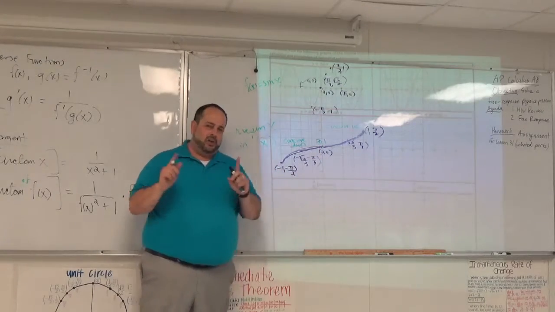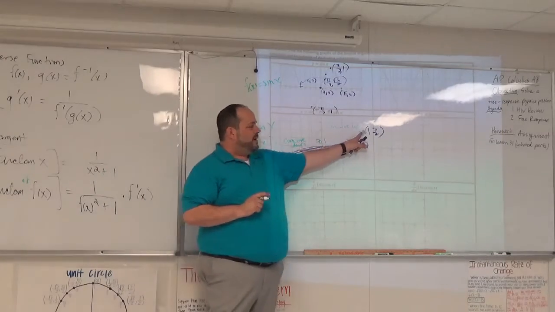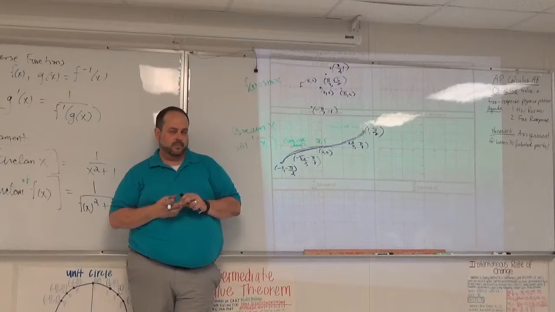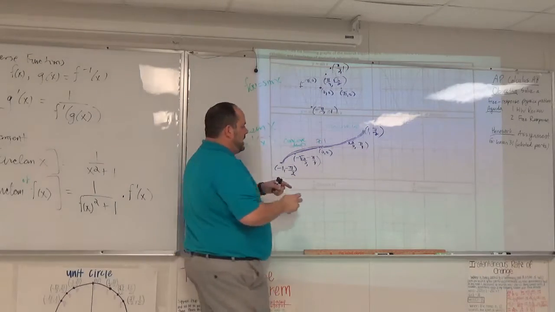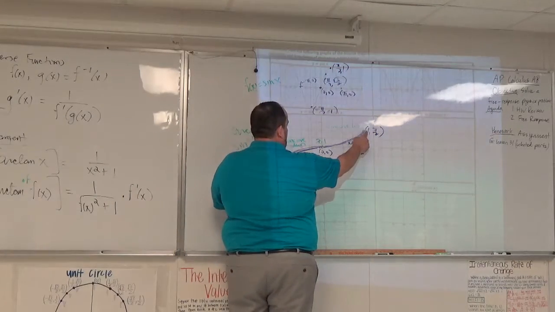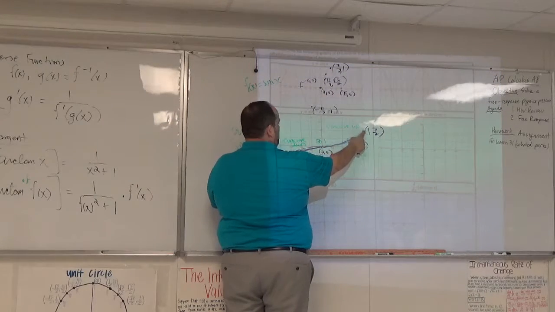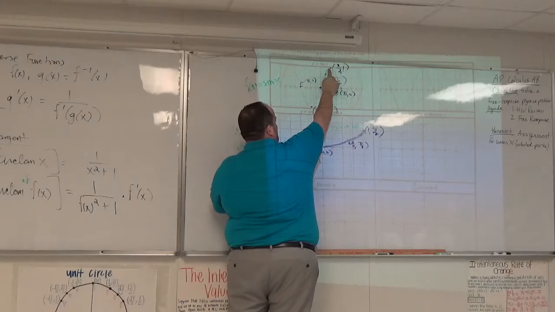No one has talked about, at least not that I've seen, what happens at negative 1 and positive 1. Oh yeah, you're right. What I'd encourage you to think about is where do these points come from? 1 comma pi over 2 comes from pi over 2 comma 1.